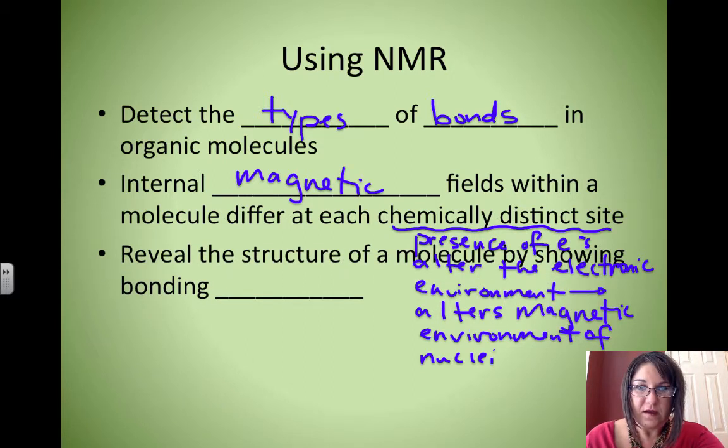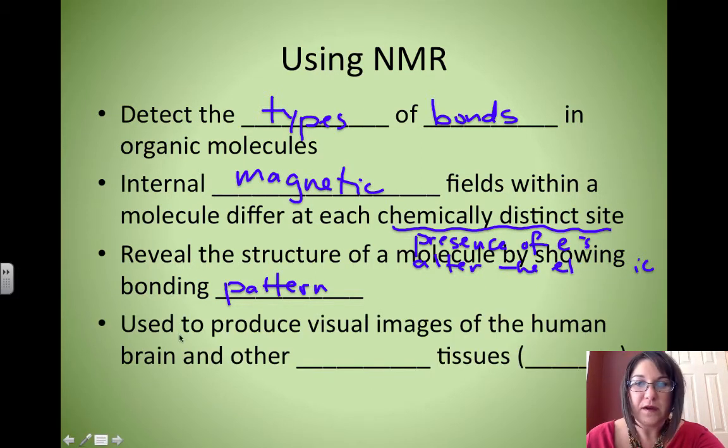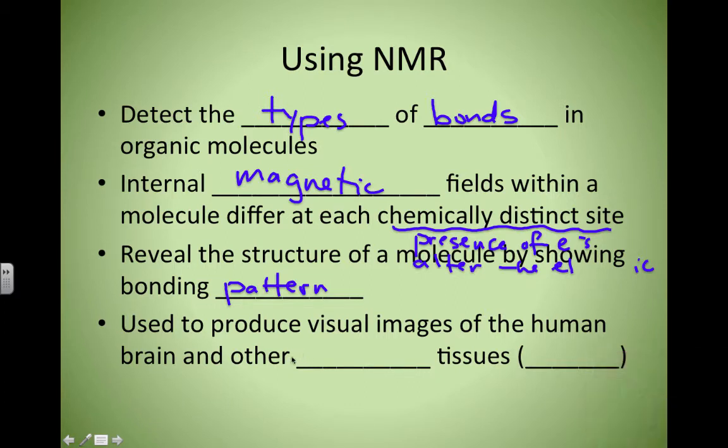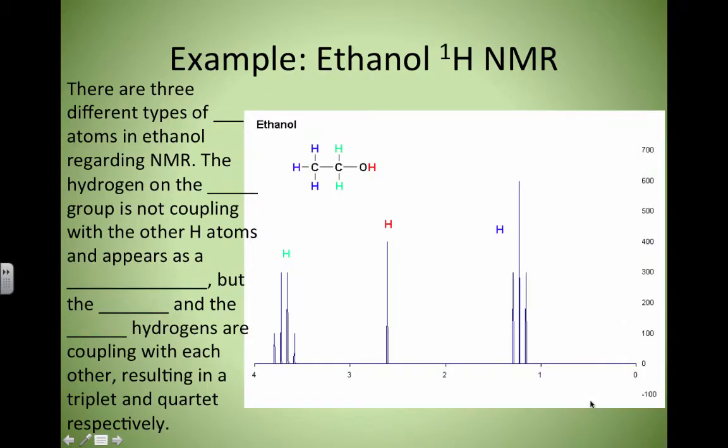And this then creates a pattern that reveals the structure of the molecule. It shows a bonding pattern. We can also use NMR to produce visual images of the human brain and other soft tissues. And when we use this, we call it getting an MRI. Some of you may have had an MRI before.